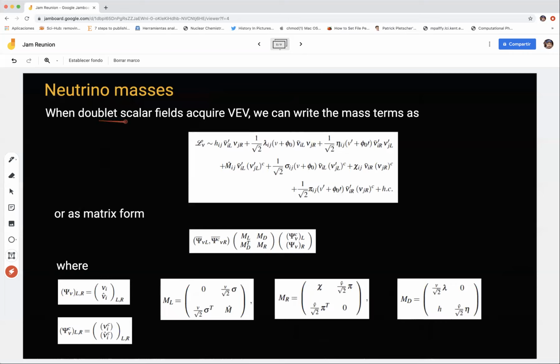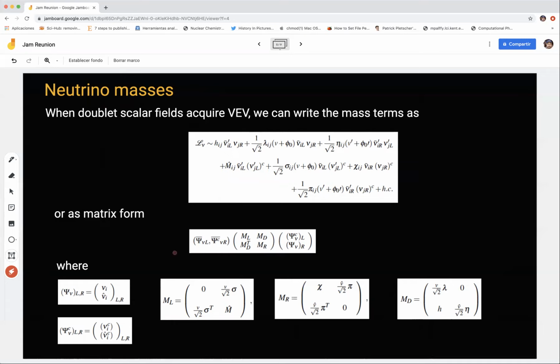After the spontaneous breaking of the symmetry, we can write for the neutrinos the following terms that will provide their mass. Note that there are mass terms for Dirac as well as Majorana.